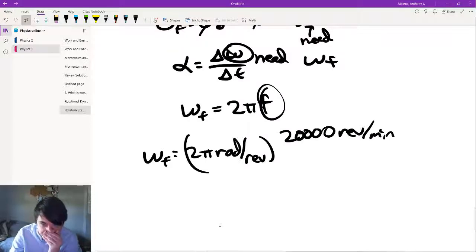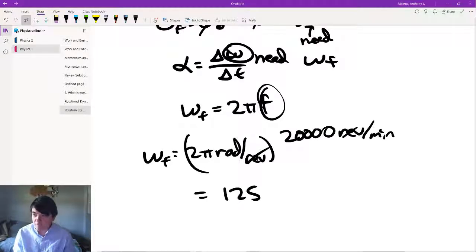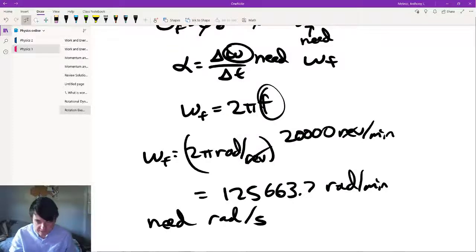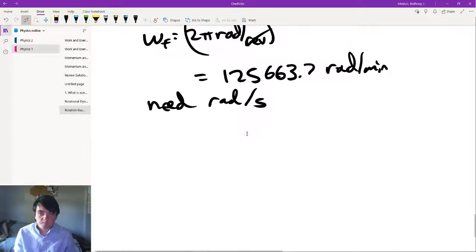This will give us an answer in radians per minute. The revolutions will cancel, and we'll be left with radians per minute. What I get when I do this is 125,663.7 radians per minute. But because our time's in seconds, we need radians per second, so we set up our unit conversion.